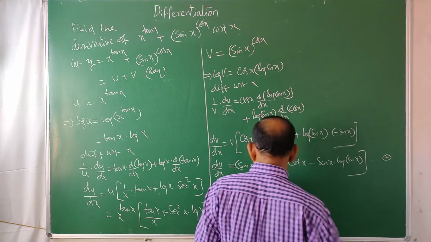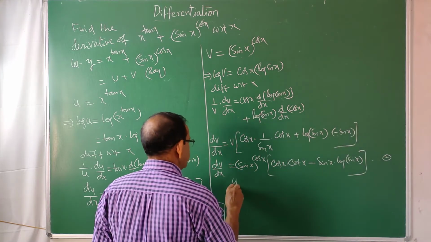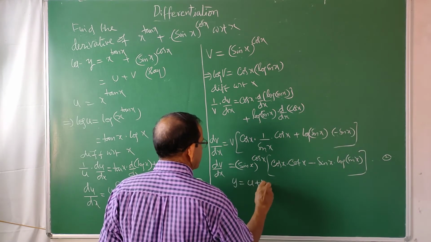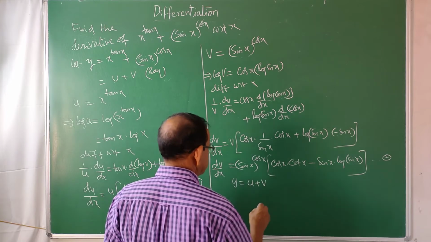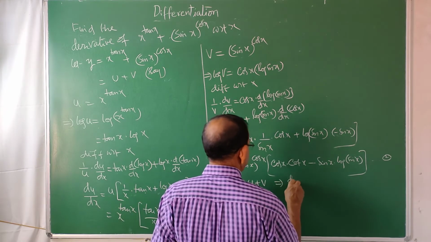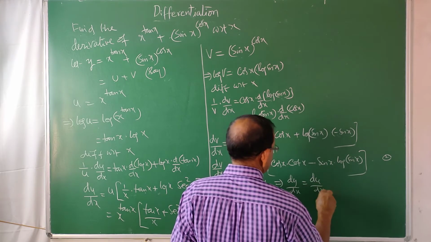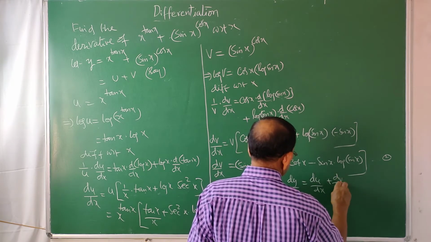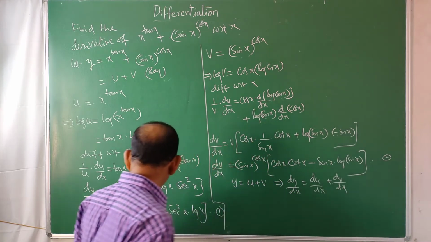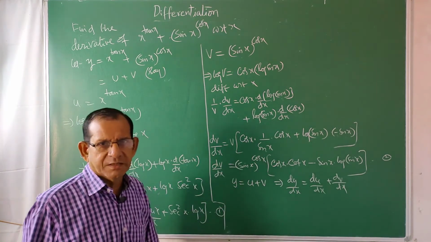This is 2. Because y is equal to u plus v, implies dy by dx is equal to du by dx plus dv by dx. We have got the values of du by dx as well as dv by dx separately.